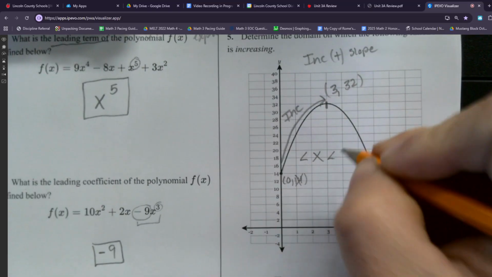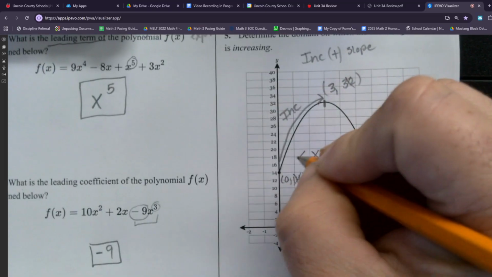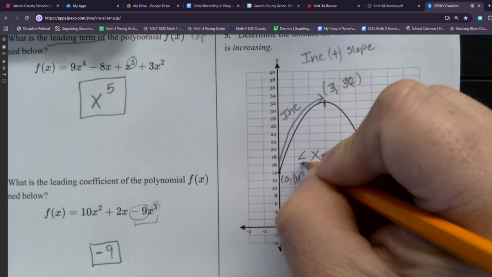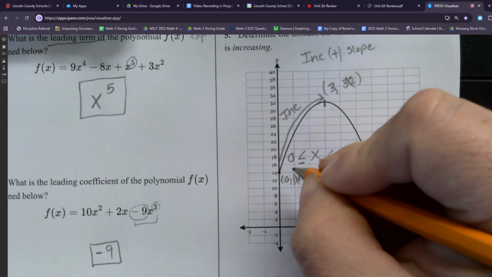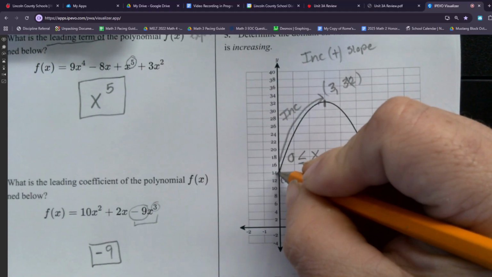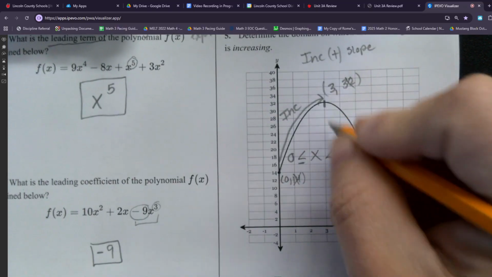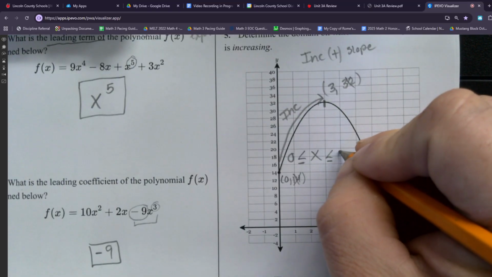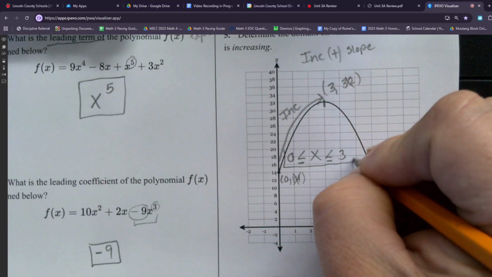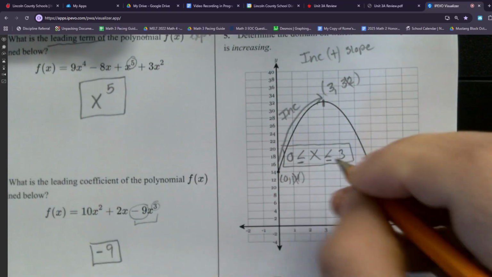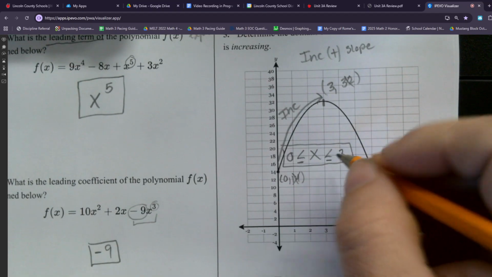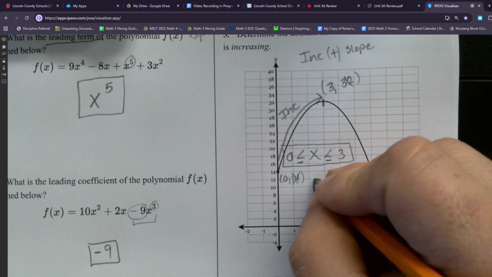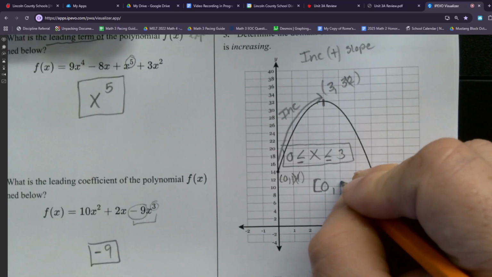Really, the y doesn't matter. Since it is a closed circle, we're going to put it equal to. So this thing is increasing from an x value of 0 to an x value of 3. Since it is defined by a part of the function, that would be equal to as well. So that would be your interval of increase.